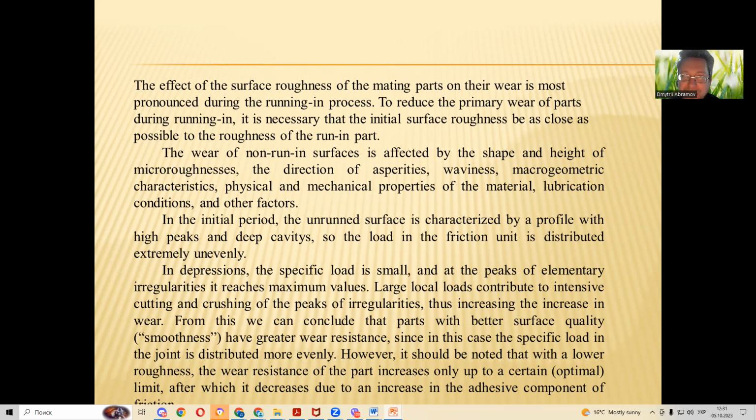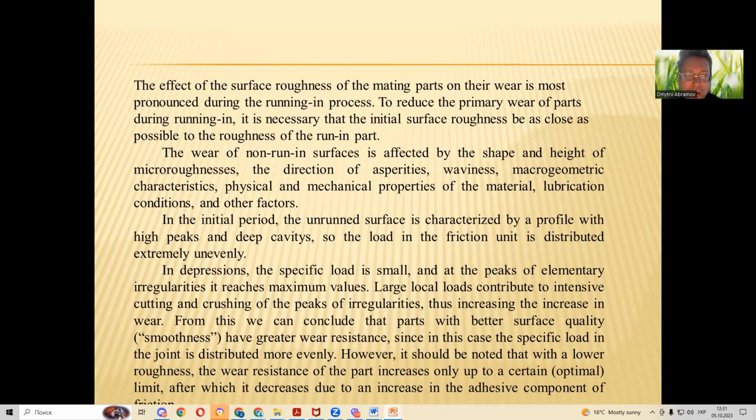To reduce the primary wear of parts during running-in, it is necessary that the initial surface roughness be as close as possible to the roughness of the running part.